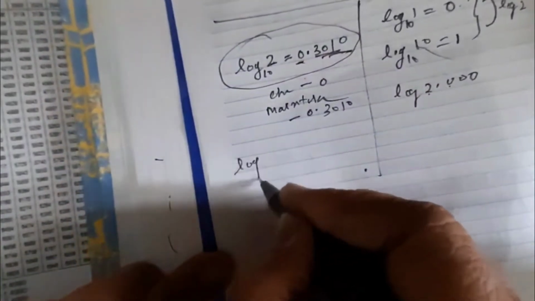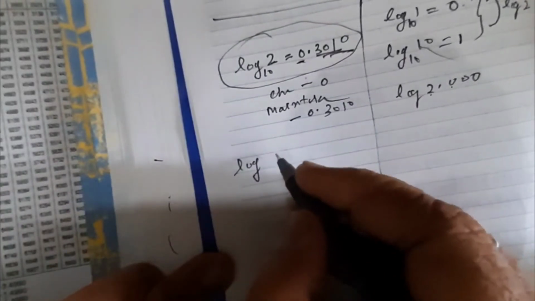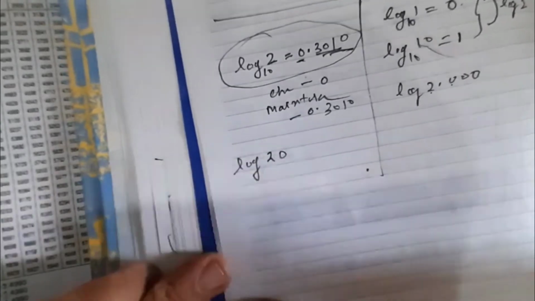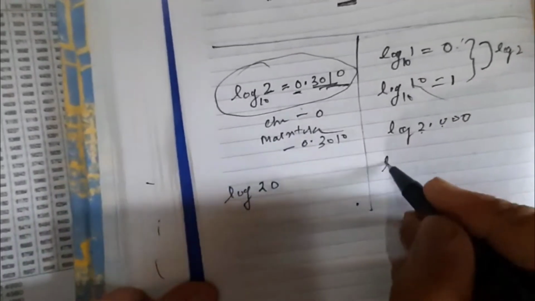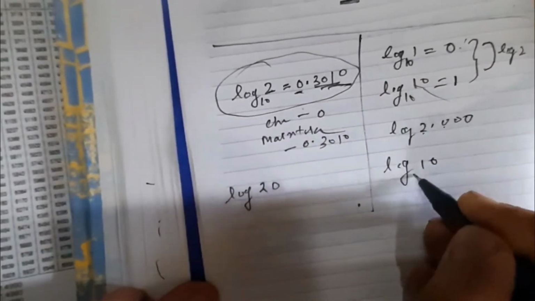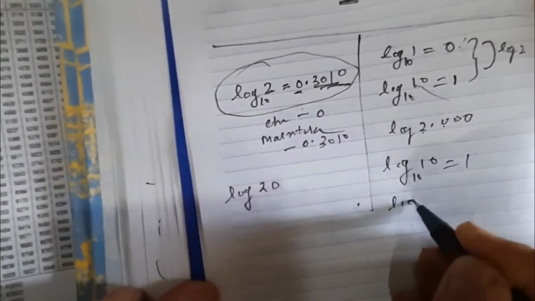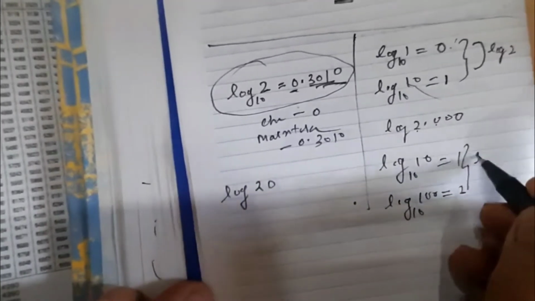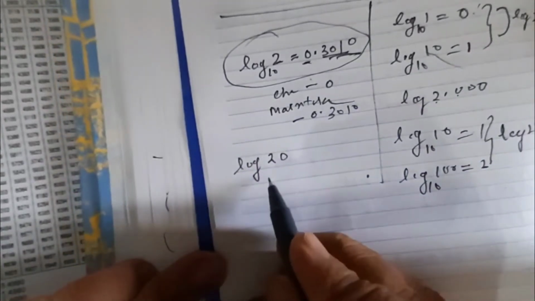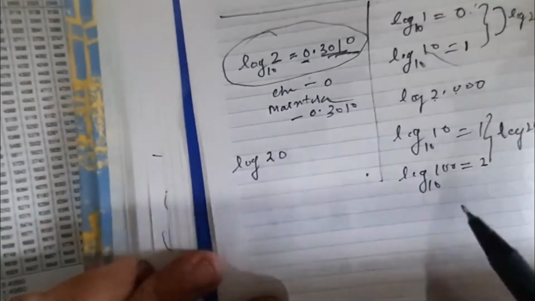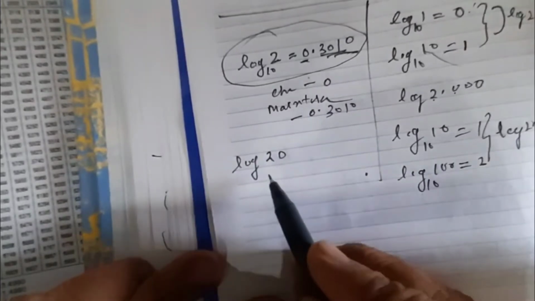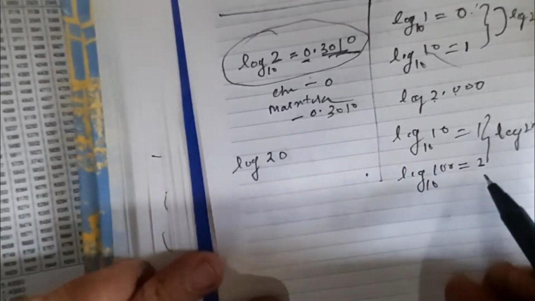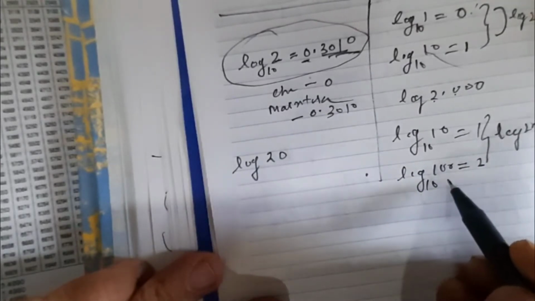Now if you want the value of log 20, this value lies between log 10, whose value is 1, and log 100, whose value is 2. So log 20 lies between them. It shows log 20 is greater than log 10 and less than log 100.